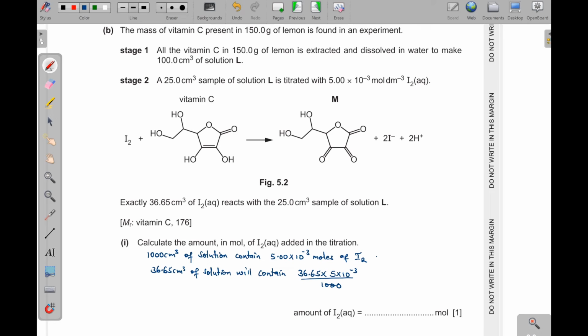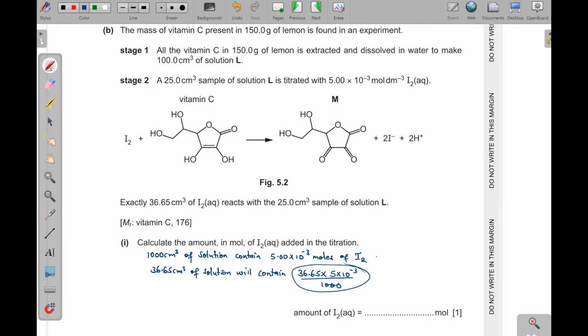Now, usually, when you are getting the moles, the volume has to be in liters. So you divide by 1,000, because 1 liter is equivalent to 1,000 cubic centimeters. Then times the concentration that you have here, and then you get the answer.